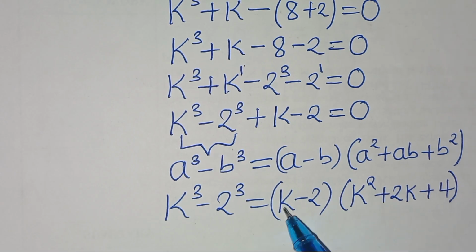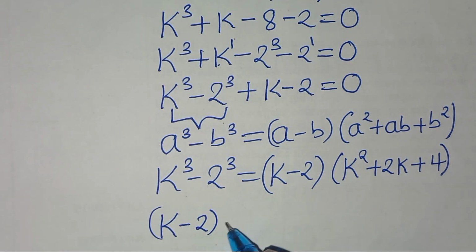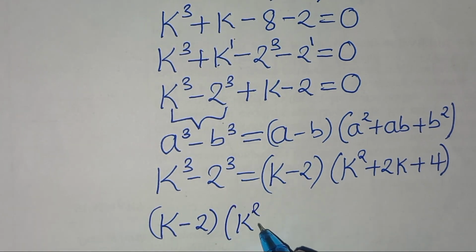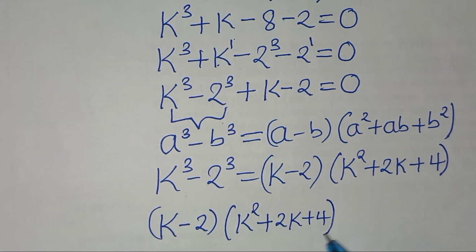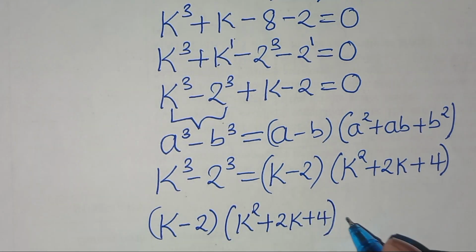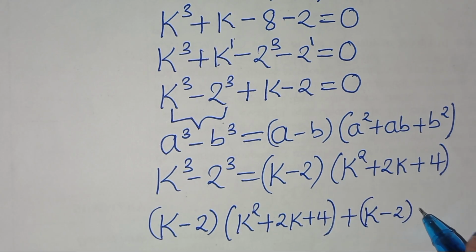Now, let's substitute here. We have k minus 2 times k squared plus 2k plus 4, plus k minus 2, equal to 0.